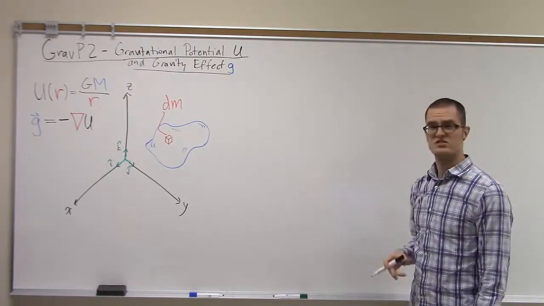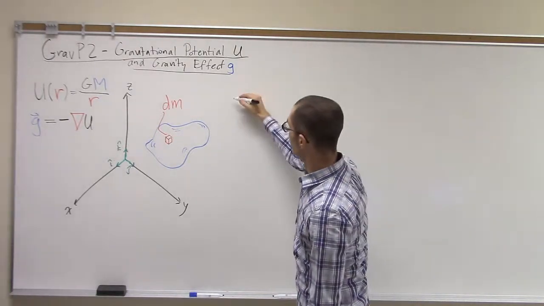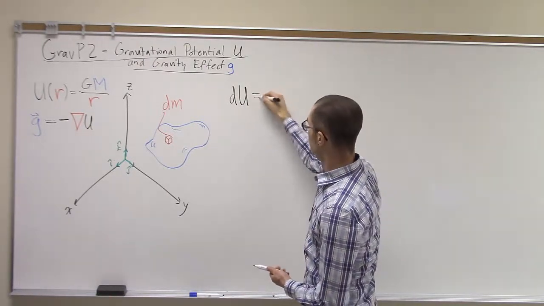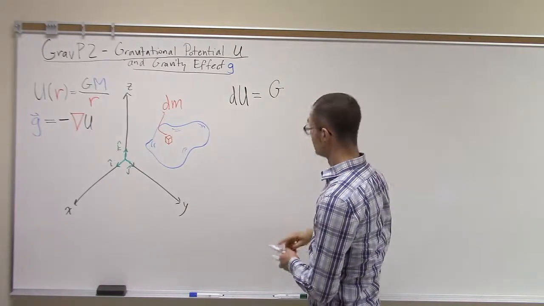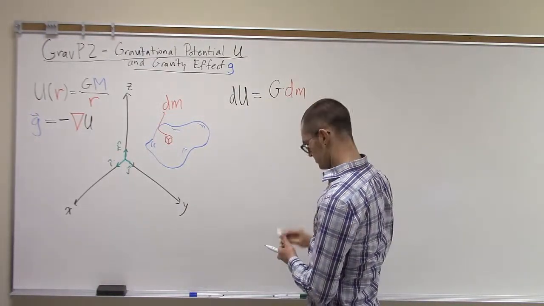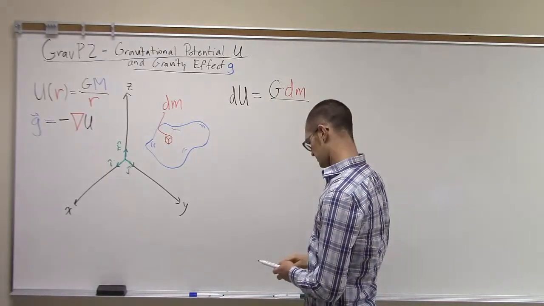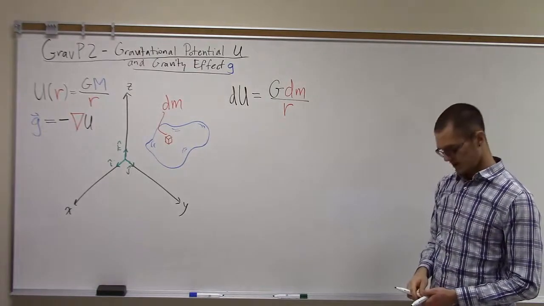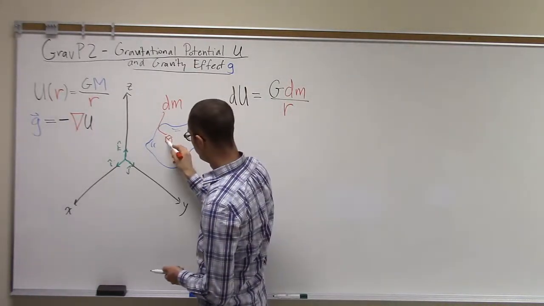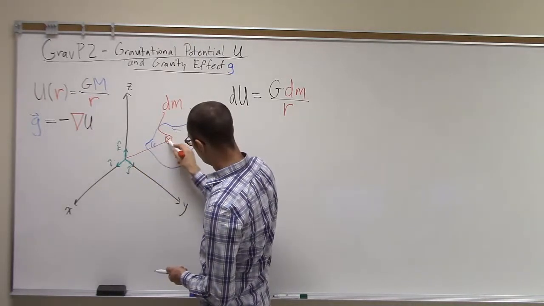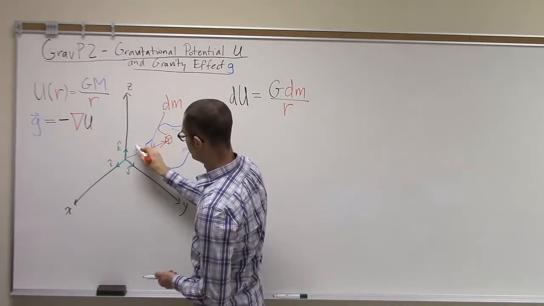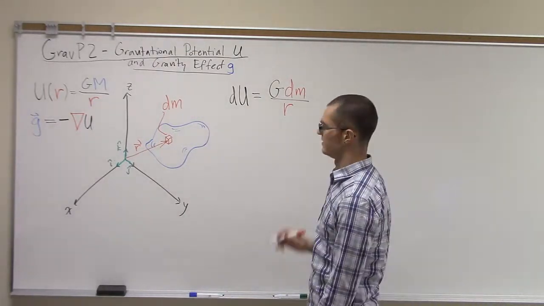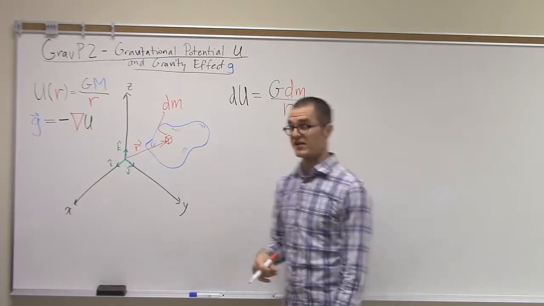And based on our definition of gravity potential, we can say that a small increment to the gravitational potential is just G dm over r, where r we get from, if this is our position vector of that piece of the body dm, then r here is the magnitude of this r vector.